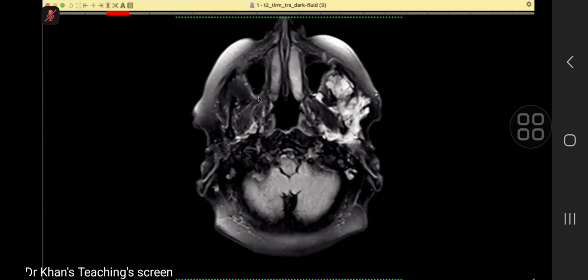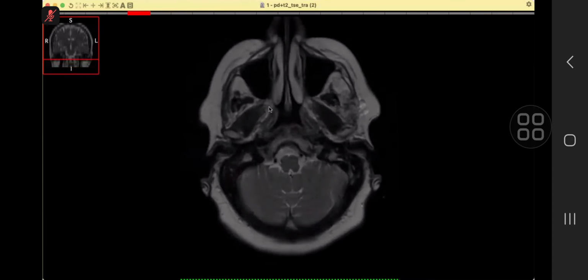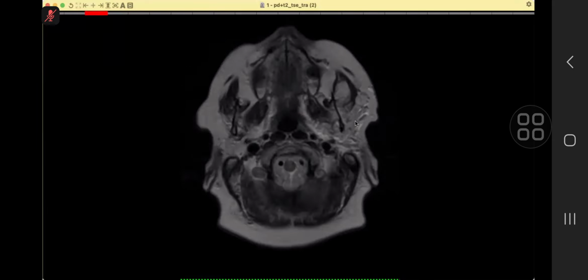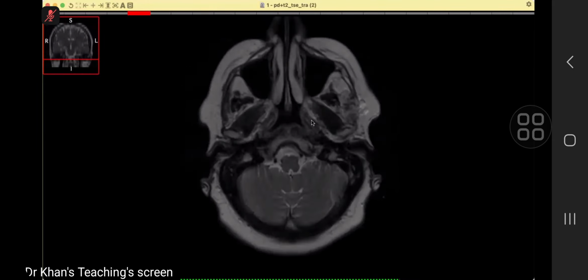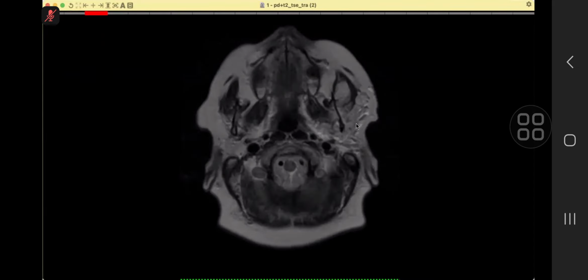I started with this T2 weighted sequence, and on it, it's a very difficult call, but if you compare right and left, it is not all that difficult. Look at this lesion, and look at this masseter muscle. So there is a lesion, but it was a bit harsh to expect it to be picked up on T2. But if you ask me, it should be picked up.